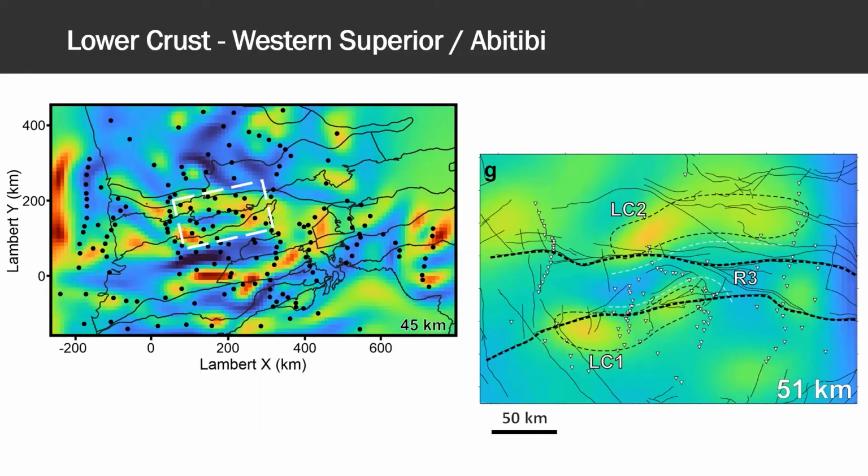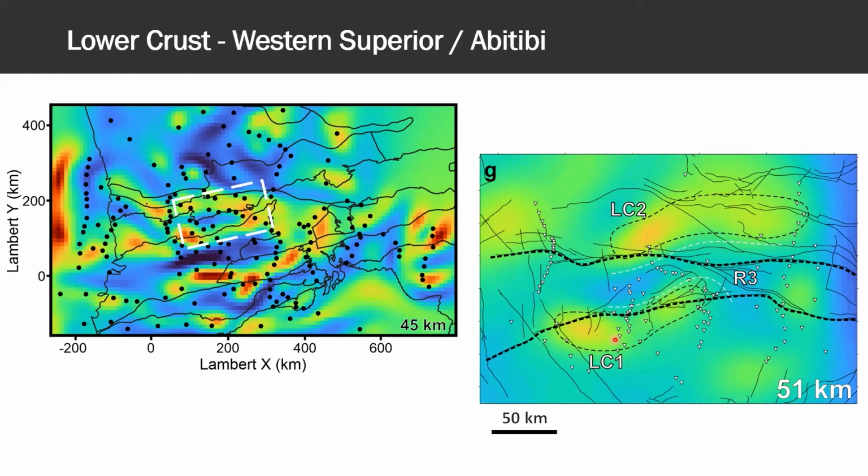One thing that stands out to me, and I'd be interested to hear if anyone sees anything different here, is the similarity between this region here and what we see in the Abitibi over here, where we have an alternating sequence of linear conductive feature, resistive feature, conductive feature.